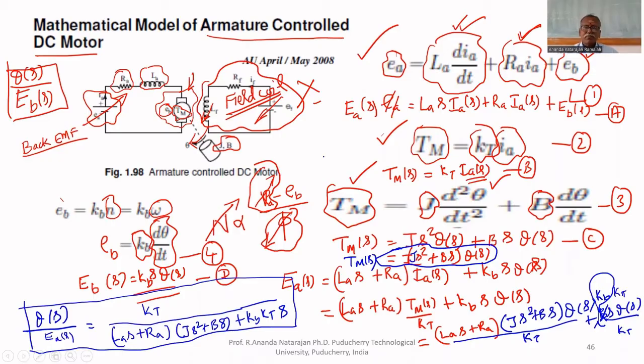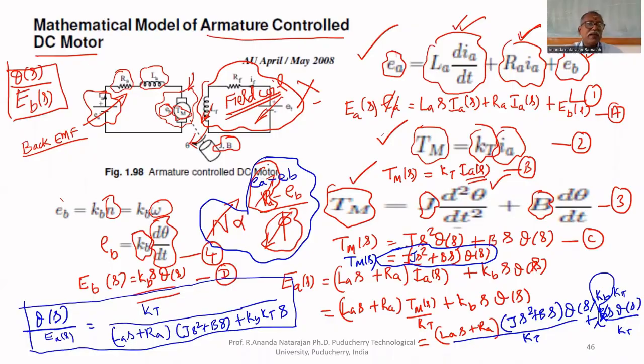Once again, we'll see what the armature controlled DC motor is. A DC motor can be controlled in two ways because we have the relation N proportional to EA minus EB upon flux.